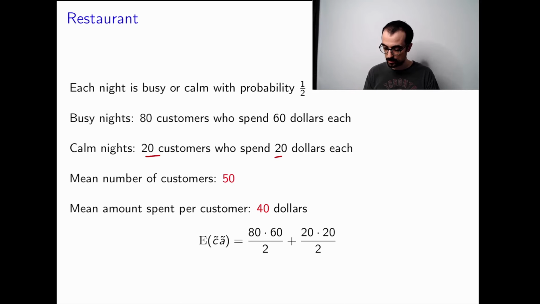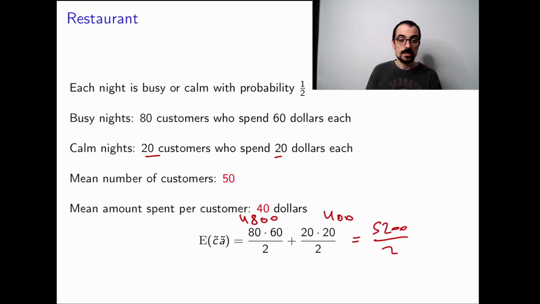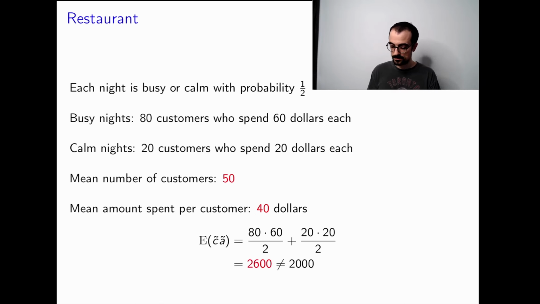So this is equal to 400, and this is equal to 2400, if I'm not mistaken, which I often am. Actually, I am mistaken. Of course, that's not equal to 2400. That's equal to 4800. I somehow knew I would get it wrong. So this is equal to 5200 divided by 2, so the mean revenue is 2600.